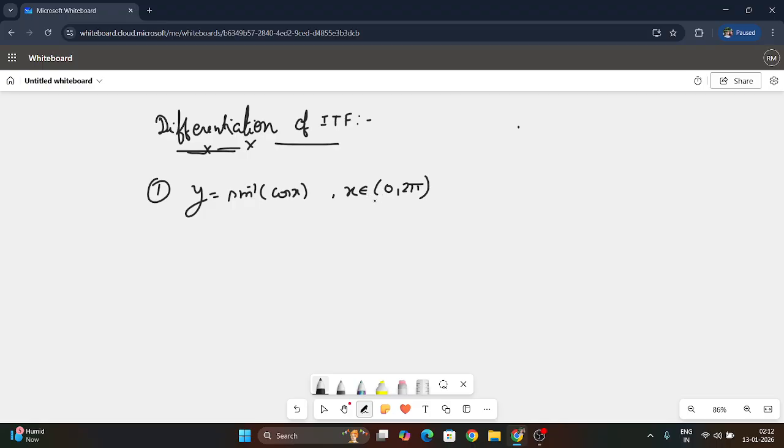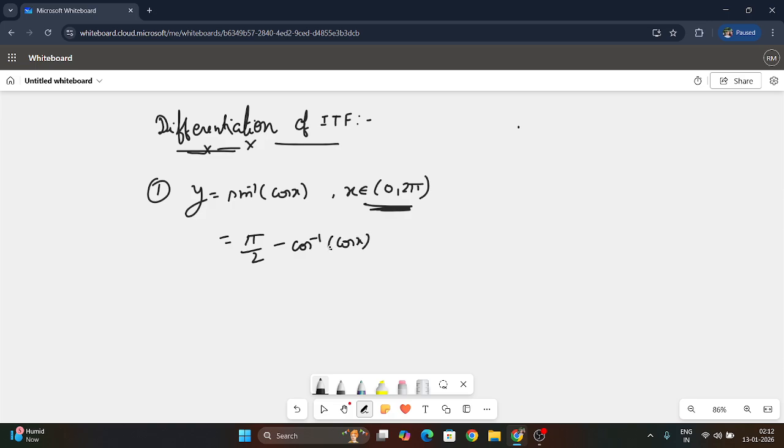Okay, you have to take care of this x domain, the 0 to 2 pi domain. As you know, one formula is sine inverse x plus cos inverse x is equal to pi by 2. So this is going to be pi by 2 minus cos inverse cos x.